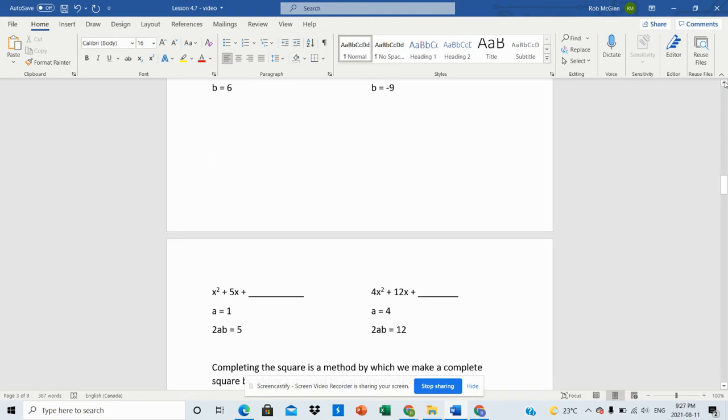So, x squared plus 5x plus some number. We want to make this a perfect square trinomial. Once again, the number in front of x squared is 1, so a is 1. So we're going to get 2 times 1 times b, or 2b, equals 5.